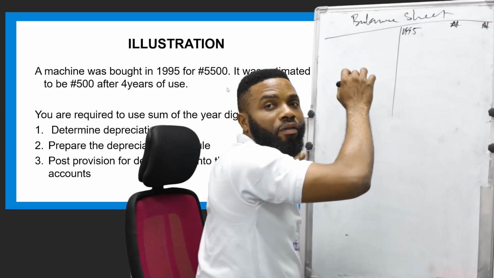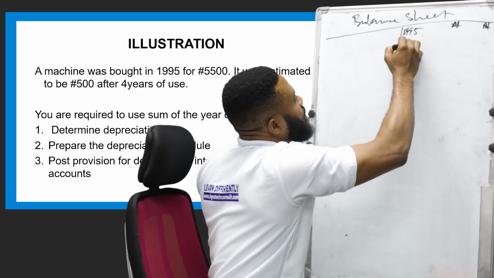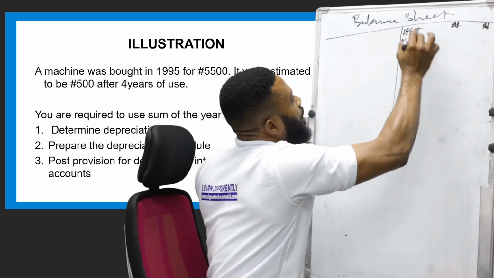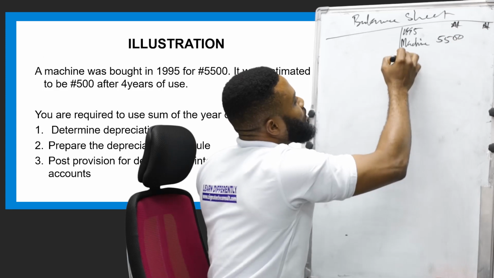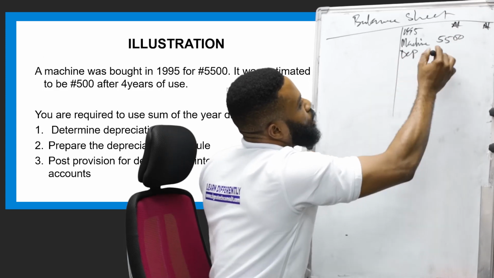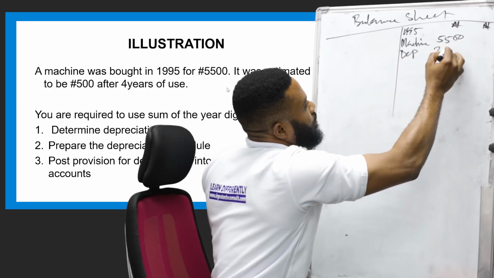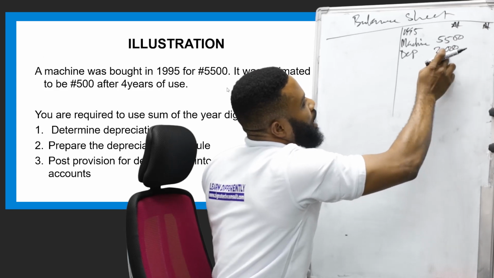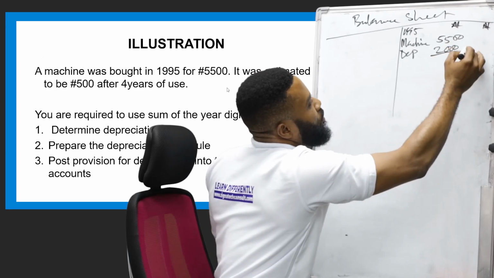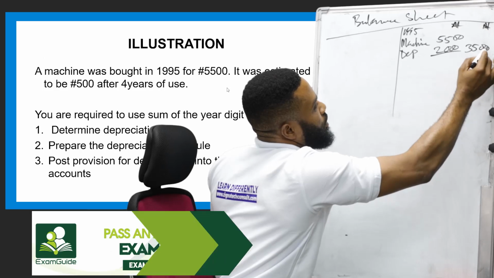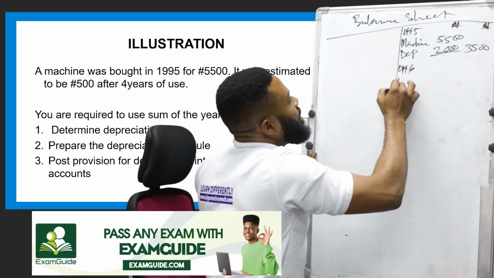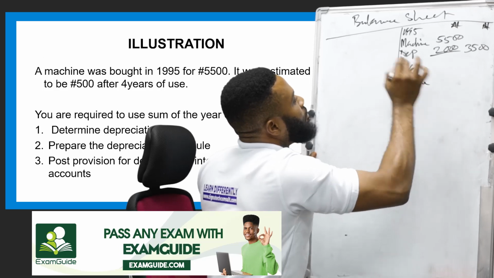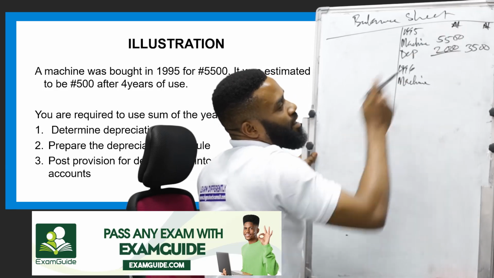What is the name of the asset? It's called machine. What is the value? Is 5,500. Now the depreciation for year one is what? 2,000. So when you subtract here from here, you have what? 3,500. Now for 1996, the machine value is no longer 5,500.